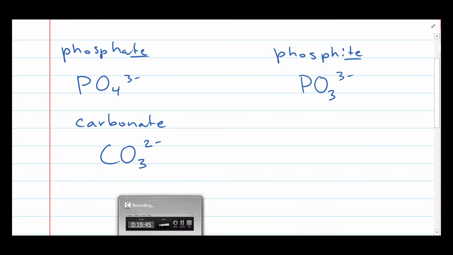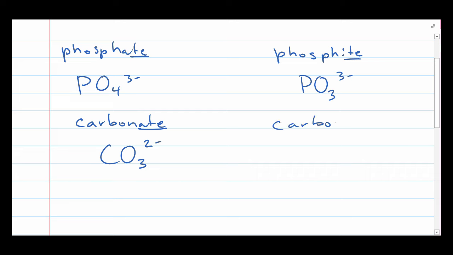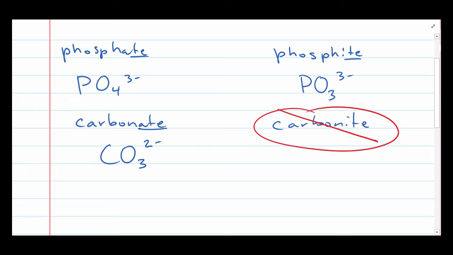You might say, well, if we have the carbonate ion, there must be a carbonite ion. It turns out there is no such thing as the carbonite ion. Just because we can write a name for it doesn't mean that it exists. There are some of them that do exist, some of them that don't. In the case of phosphorus, phosphate and phosphite both exist. In the case of carbon, only the carbonate exists. There's no such thing as carbonite.